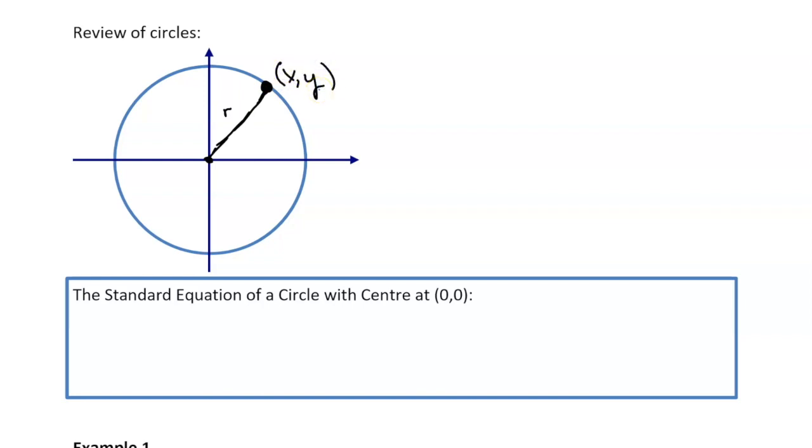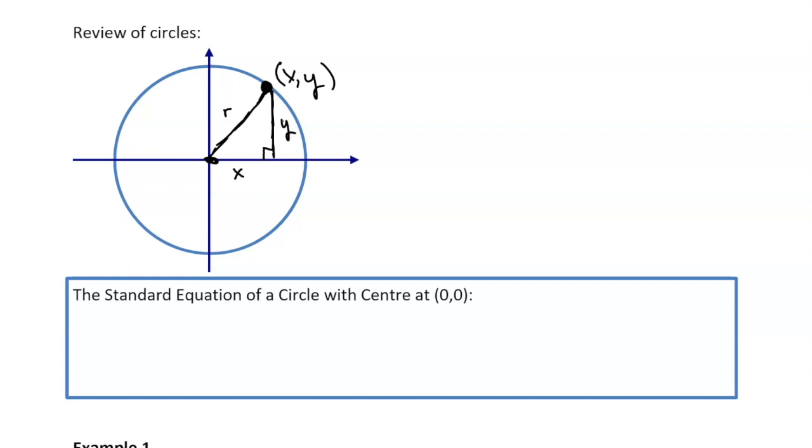We'll call it the point xy, and if we wanted to figure out what the radius is, think back to what we learned about finding the distance between 2 points in 8.1. We could create a right angle triangle to create our Pythagoras, and we have an x value here, and we have a y value here.